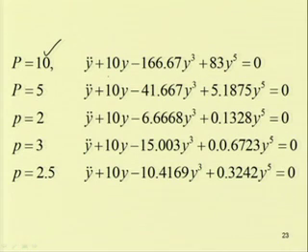In this case one may note that these two coefficients are very large in comparison to the linear part. That means this will behave as a strongly nonlinear system. Now taking p equal to 5, we can write the same equation in this form, that is y double dot plus 10 y minus 41.667 y cube and 5.1875 y to the power 5 equal to 0.